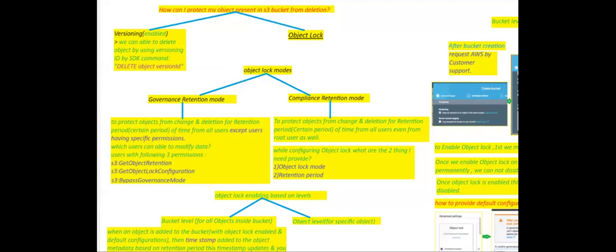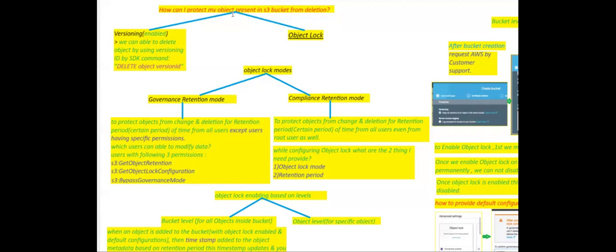Let's have a quick recap of what we have learned till now. How can we protect our objects in an S3 bucket from deletion? By enabling versioning we can protect them, but even then the delete object command with a version ID can delete the object.